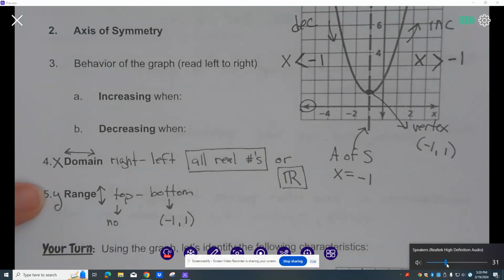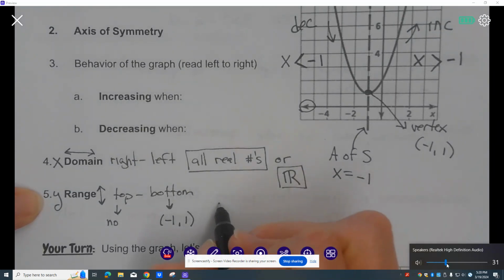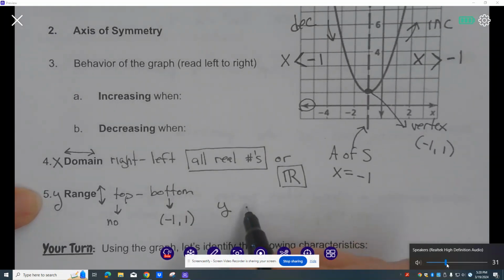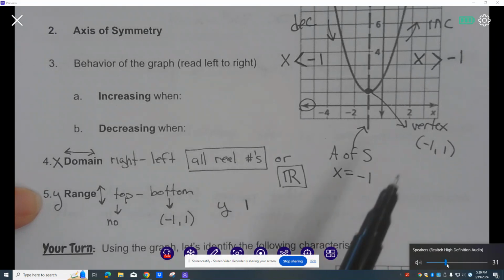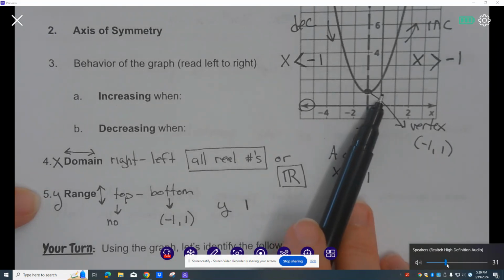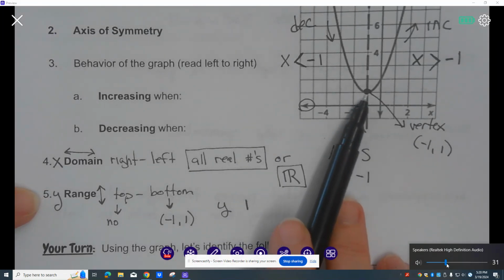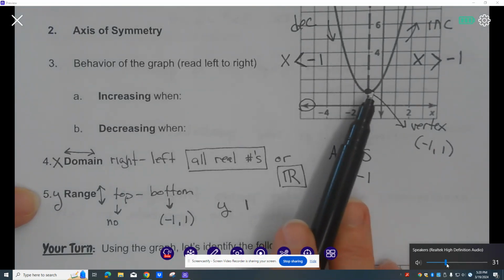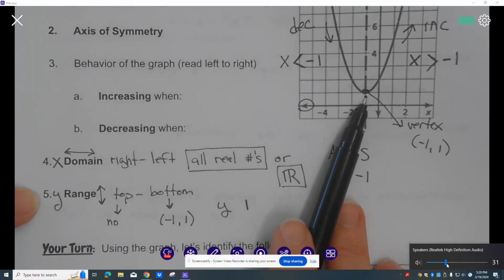Now, for range, I'm only concerned with y values. So I'm going to put a y, and then I'm going to put the y from my vertex. Because if you look at the graph, the bottom of the graph is right here at y equals 1. So the bottom is at 1, which means the very smallest y value is 1.